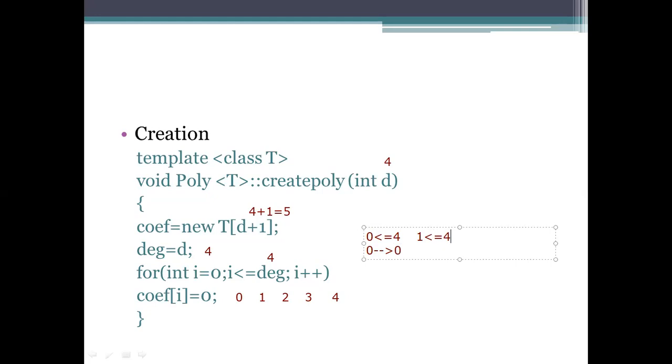Again we check, and as it is true, the value has been increased, so at i equals 1 a value 0 is included. Then incrementation is performed: 2 less than or equal to 4, then 3 less than or equal to 4, and then 4 less than or equal to 4.